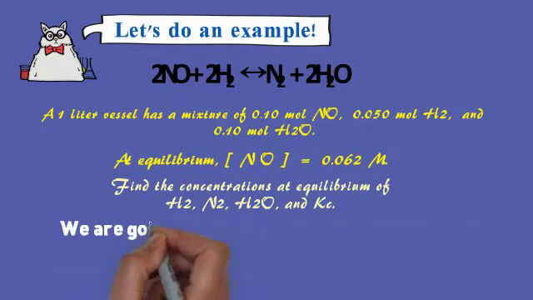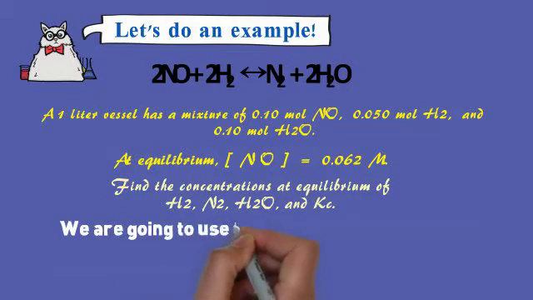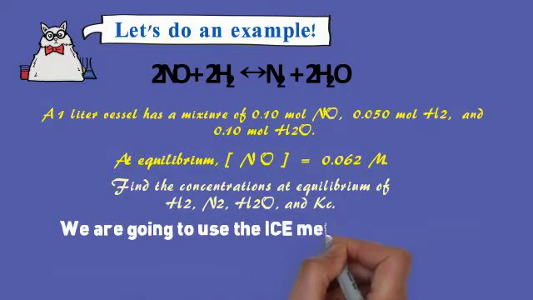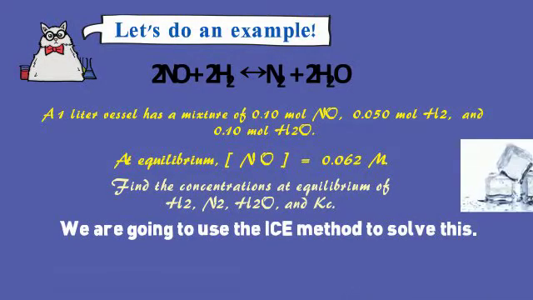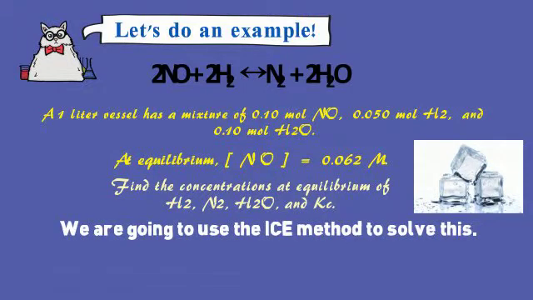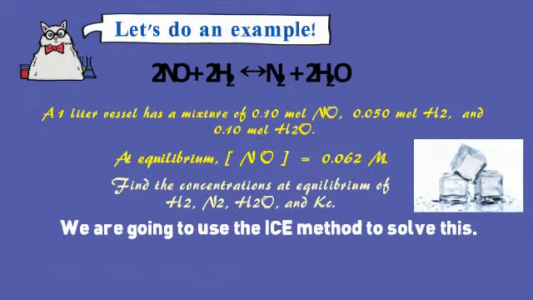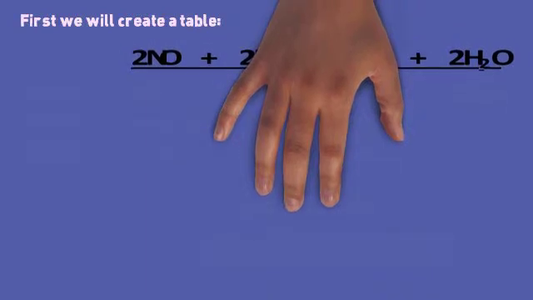So for this, we're going to learn how to create a table. We'll be using this type of table many times over. This is called the ice method. And the first thing that we do, there's some ice cubes, is that we will create the table by using our balanced equation. So you put the balanced equation down first.